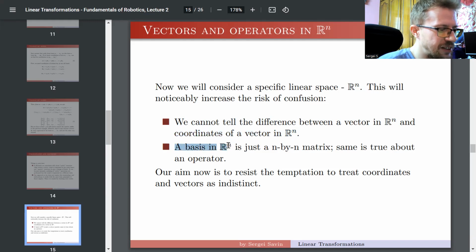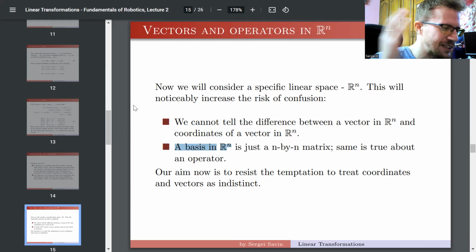Second, a basis in Rn is just a matrix. And an operator in Rn is also just a matrix. So you cannot tell the difference between a basis, an operator, and the matrices which implement those. They all look exactly the same. So confusion is very big. And when you studied linear algebra, I think the way you went around this confusion is you just assumed coordinates and vectors are the same thing.